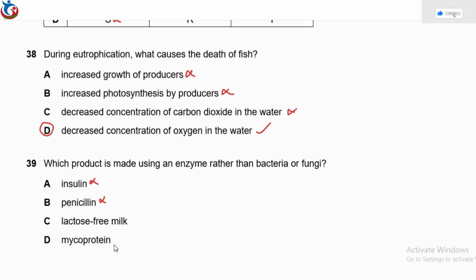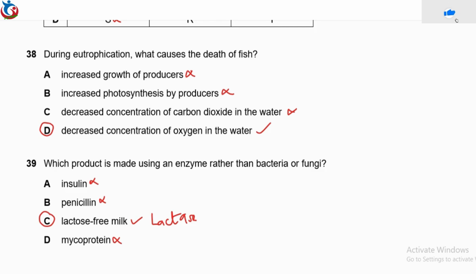And mycoprotein too involves the use of bacteria. Right? But lactose-free milk involves the use of an enzyme called lactase. So lactase will help to degrade the lactose in milk, thereby having a lactose-free milk. So this makes option C our correct answer.